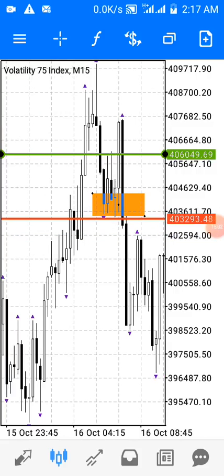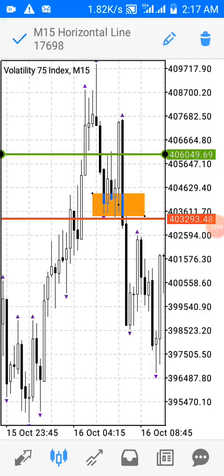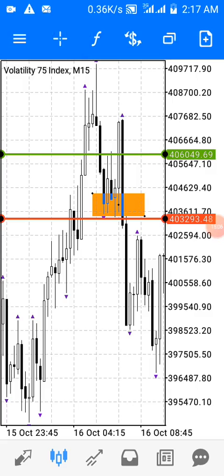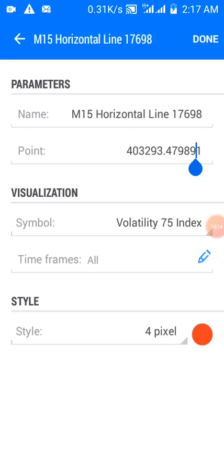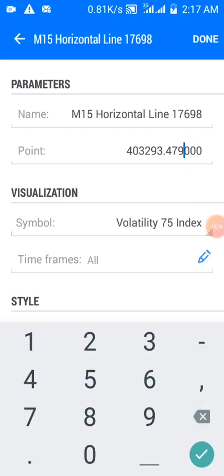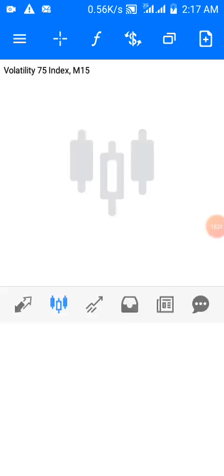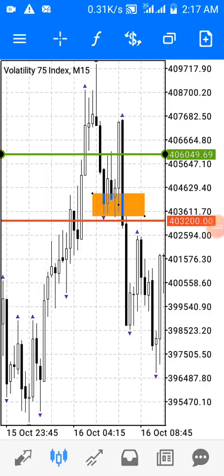Let's say your first order is around 403200. You successfully enter the position at 403200. Now you're going to hedge. Immediately you place your sell trade, you don't wait to go into loss.